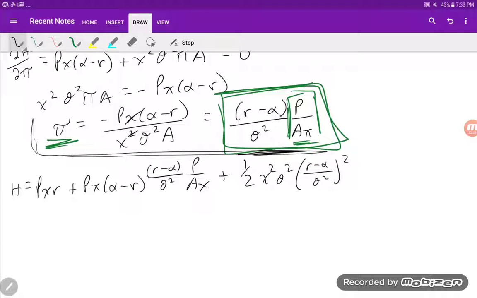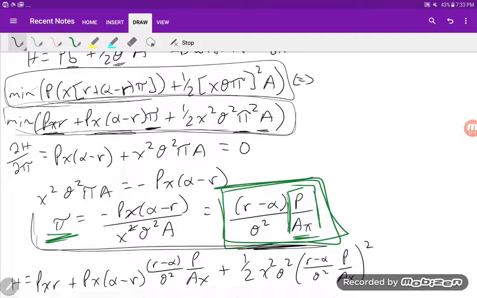Oh, sorry, importantly, I forgot, it's the whole thing squared, of course, times p over ax, whole thing squared. And then still times a, because we still have this here, a.